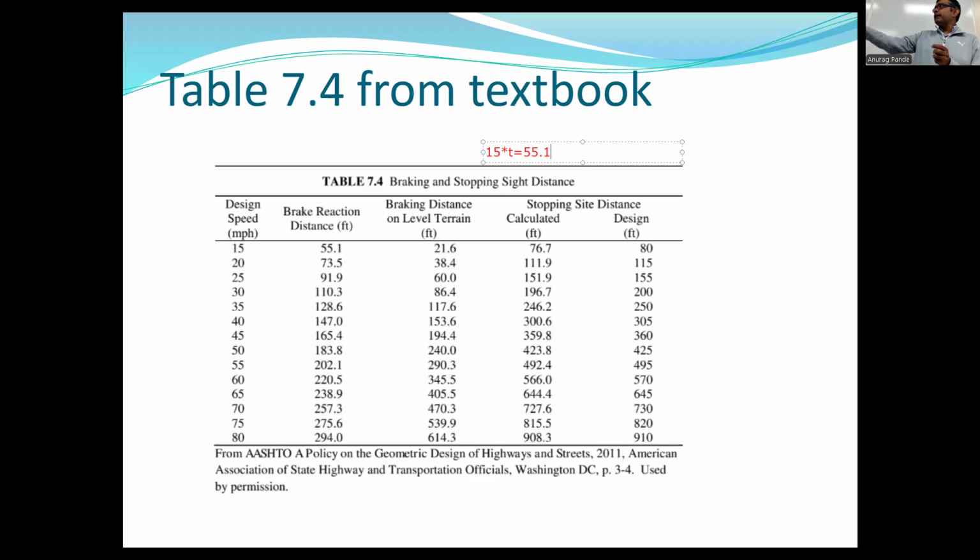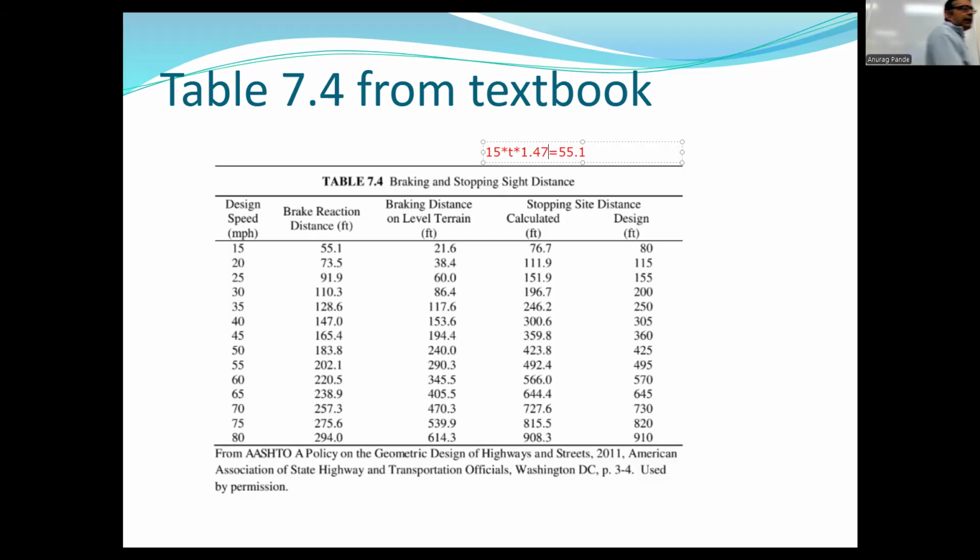My speed is in miles per hour, and my distances are in feet. If you remember, I gave you a factor for the conversion between feet and miles. So I multiply that by 1.47, and now if you calculate the T value, that's going to be your reaction time.